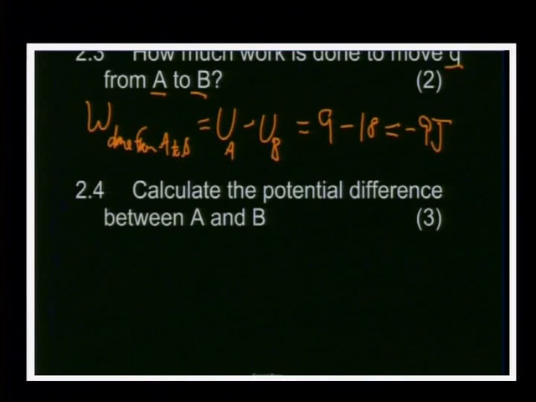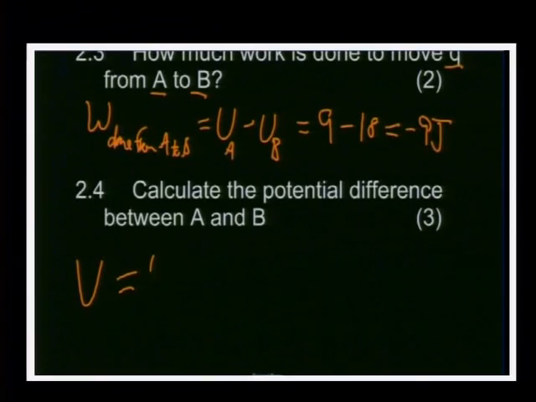Now, calculate the potential difference between A and B. Remember the difference between the energy, the work done, and potential difference. Potential difference is measured in volts. V is equal to W over Q. So we need to take the work done and divide it by the charge that was moved.